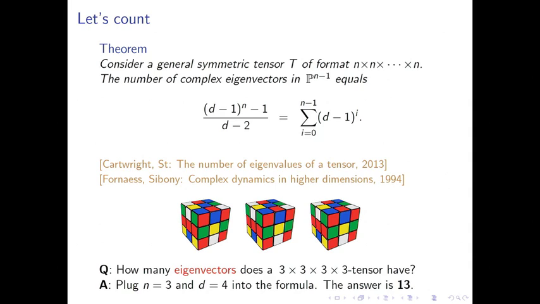Let's do one more example. Let's look at a 3 by 3 by 3 by 3 tensor. Such a symmetric tensor has 15 distinct entries, because it corresponds to a ternary quartic, which has 15 terms: x to the fourth, x cubed y, and so on, up to z to the fourth.